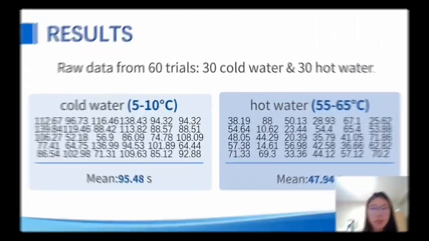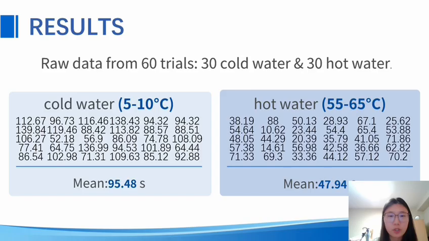The results of this experiment show a very clear difference between cold water and hot water. The average dissolution time in cold water was 95.48 seconds, while the average dissolution time in hot water was 47.94 seconds, which is almost half the time.